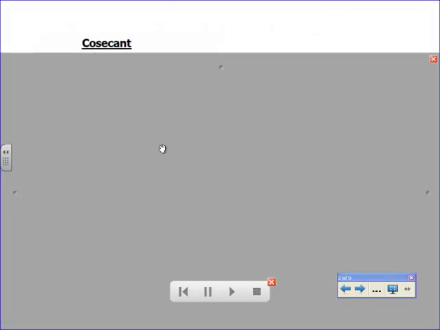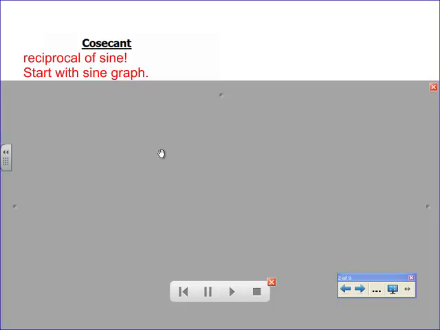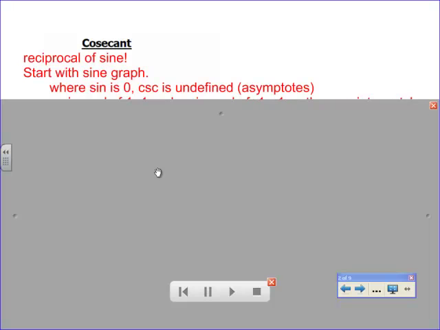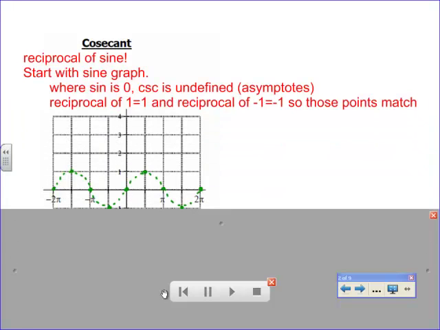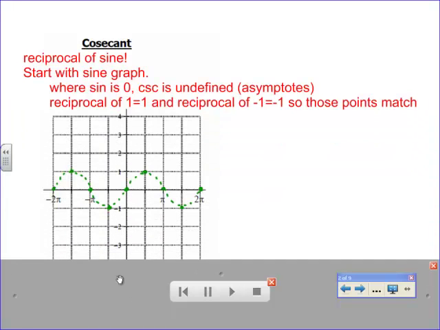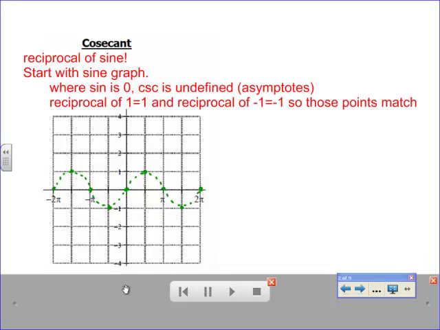Cosecant is the reciprocal of sine. So we're going to start instead here with the sine curve. Where sine is 0, cosecant will be undefined because the reciprocal of 0 is undefined. Reciprocal of 1 is 1, negative 1 is negative 1, so those points again match. So this is going to work very much the same way. You start with your original sine curve, so you've got it going through 0, 0 on the upswing.